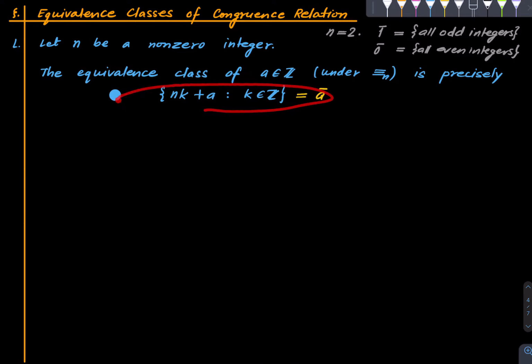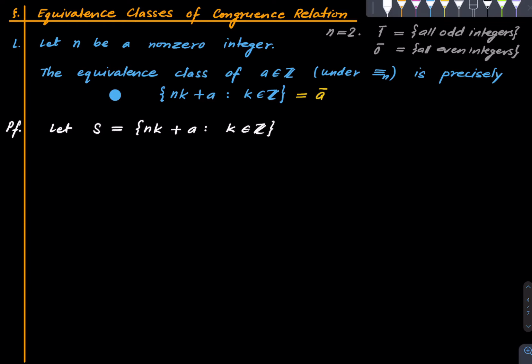Anyway, this is very easy to prove. This is also an exercise, but again, let me at least sketch it. Let us write S as this set. I've already written it as a bar, but let me write that as S. If we pick something in S, let me call it little s, then s minus a is divisible by n.